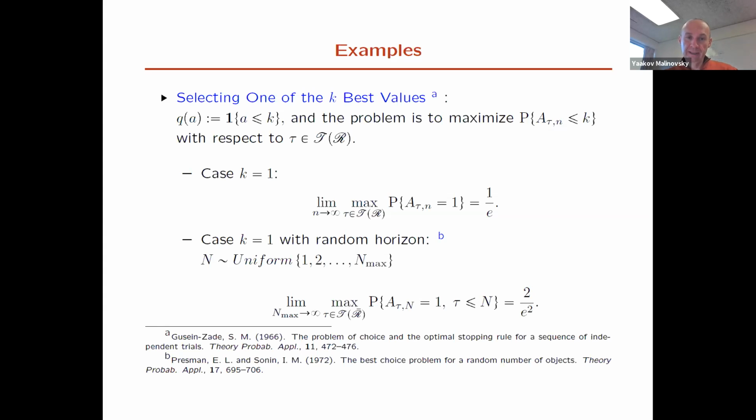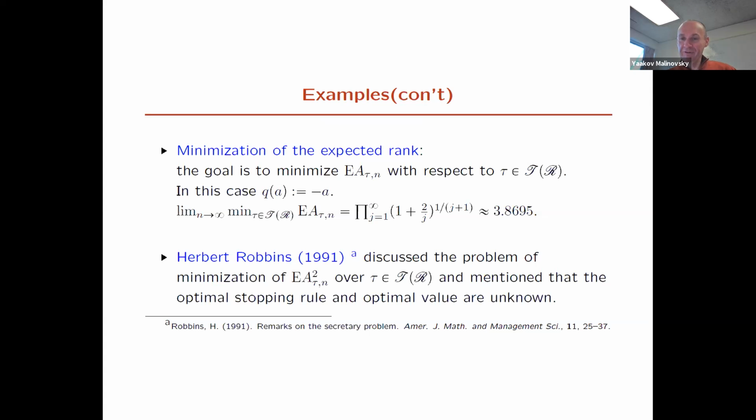Now our next example is minimizing the expected rank. The largest observation, as you remember, has absolute rank equal to 1. Therefore, in our example, it's to minimize the expected absolute rank.